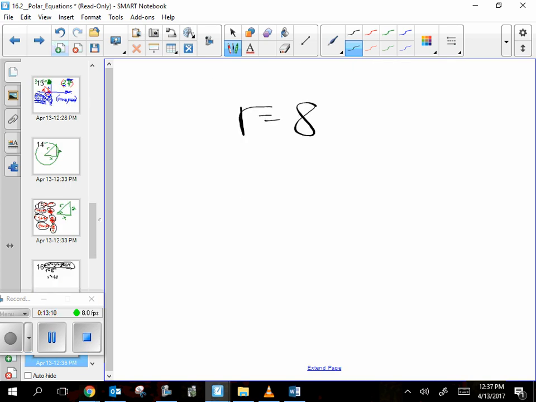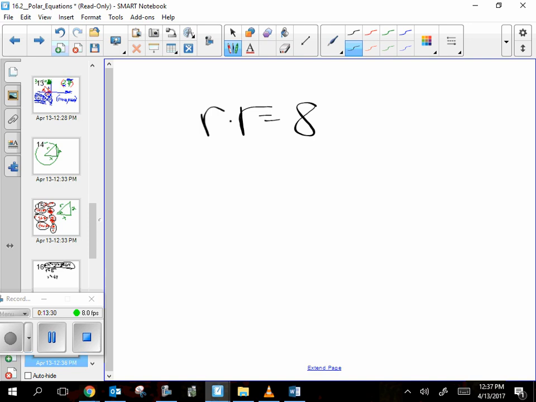Okay. Now, I want to just look at r equals 8 again from a different perspective, and this might blow your mind a little bit. There's another way to get r squared instead of squaring both sides. Isn't timesing by r the same thing as squaring r?